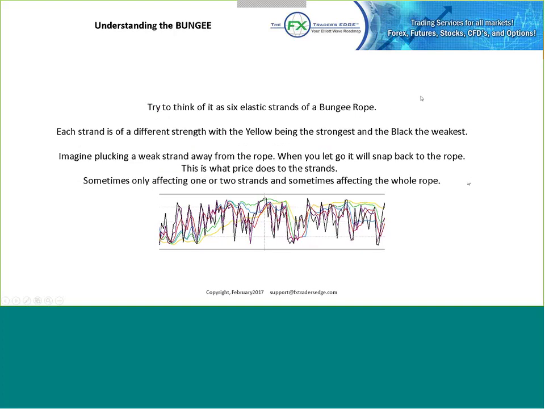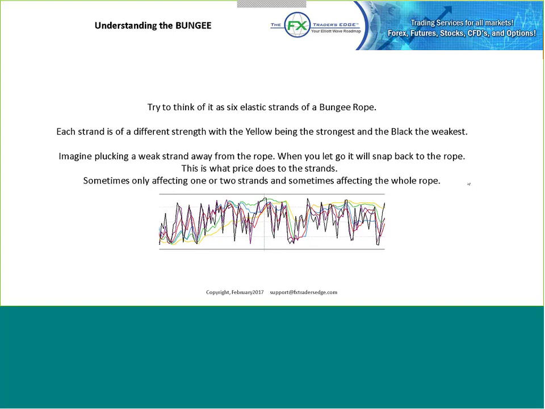Each strand is a different strength, with the yellow being the strongest because it's 76 candles make up its location, so it takes a lot of shifting. And the black being the weakest, it's an RSI 2. It responds very rapidly to price.